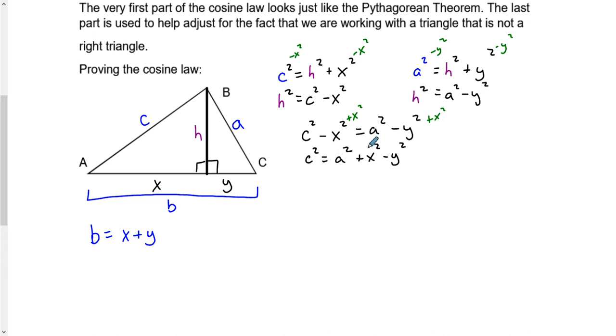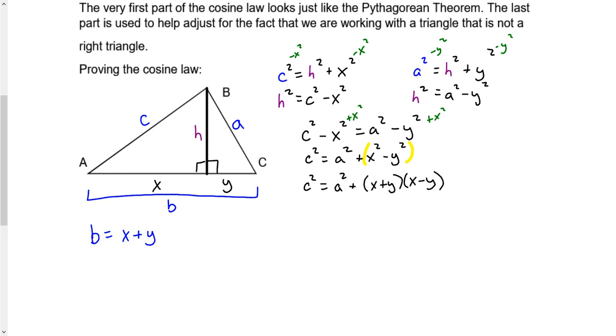For example, these two terms here, x squared subtract y squared, is a special type of factoring. It's a difference of squares because we have a square subtracting a square, which means x squared minus y squared would actually be x add y multiplied by x subtract y.